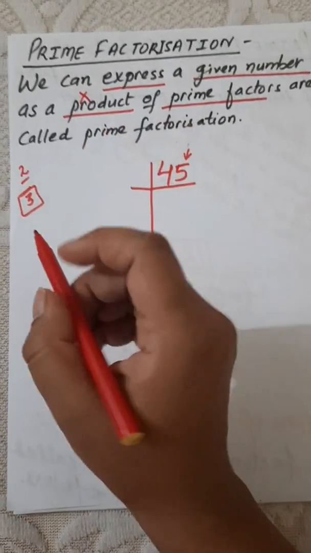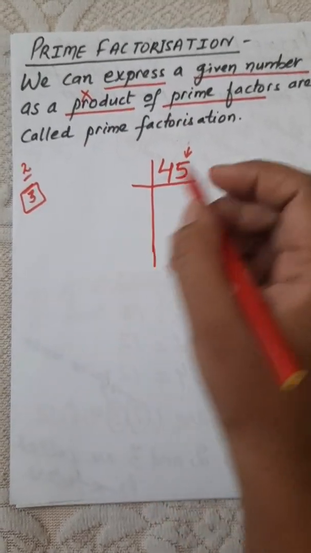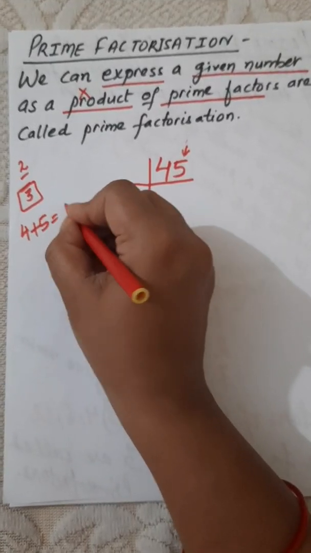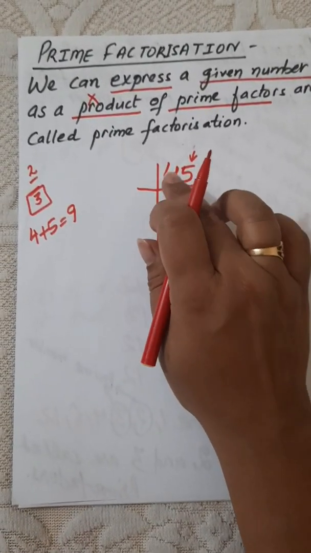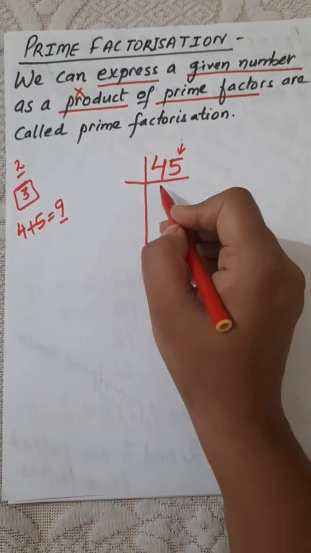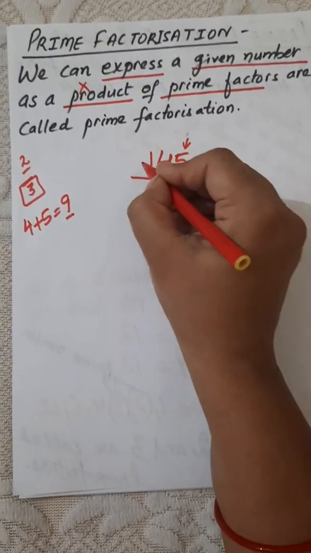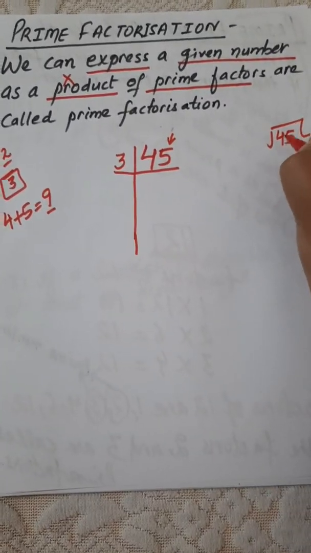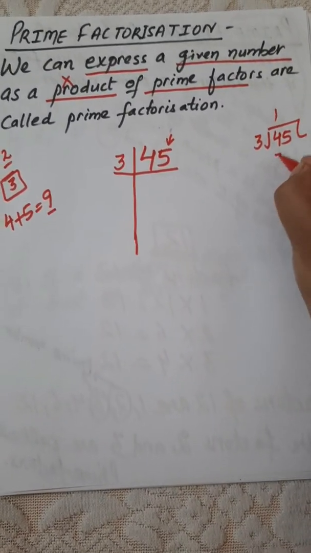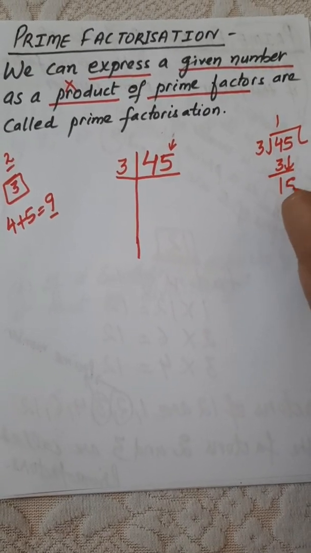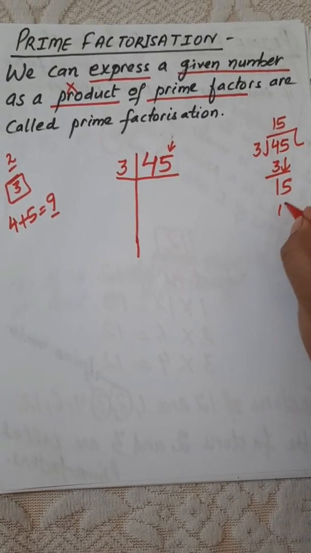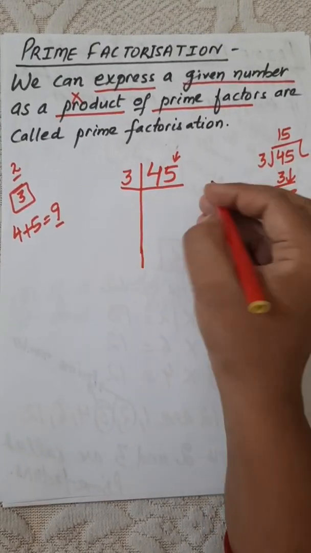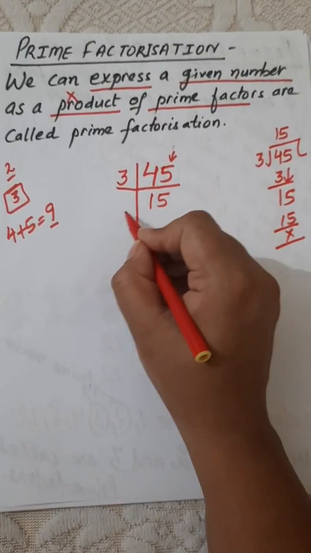Whenever you have to check whether the number is divisible by 3 or not, just add both the digits. If you add 4 plus 5, you will get 9. It means this number is divisible by 3. So here write 3. When you divide 45 by 3, you will get 15.